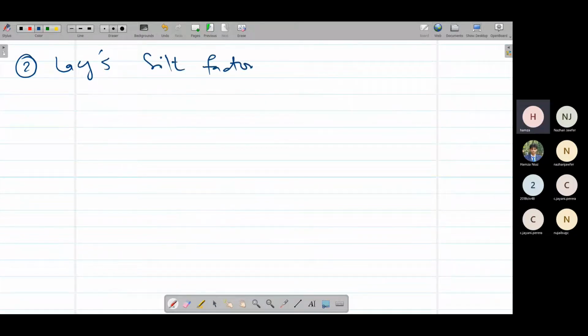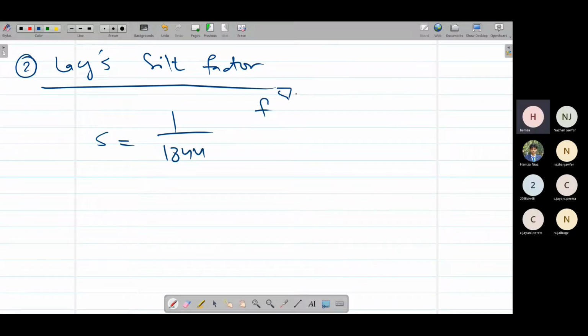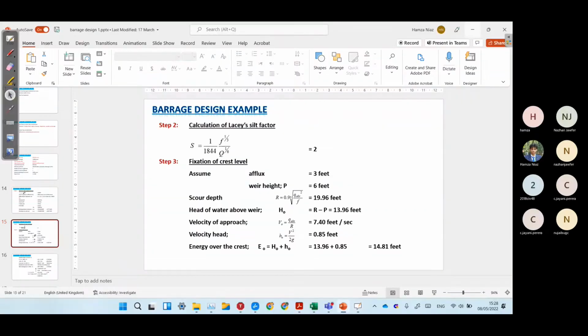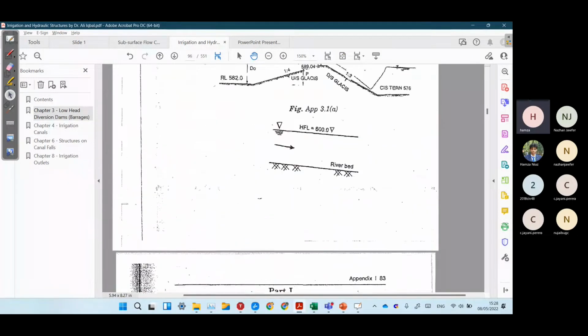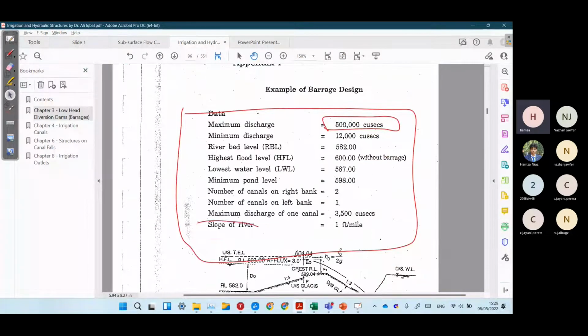So Lacey's silt factor. The second step is we have to calculate the Lacey's silt factor. It has a simple formula: S is equal to 1 over 1844, F to the power 5/3 over Q to the power 1/6. We know that S is in the given data. The slope of the river is 1 foot per mile.